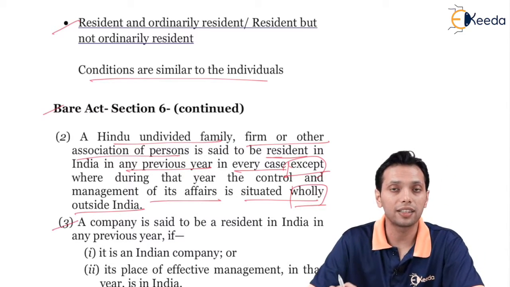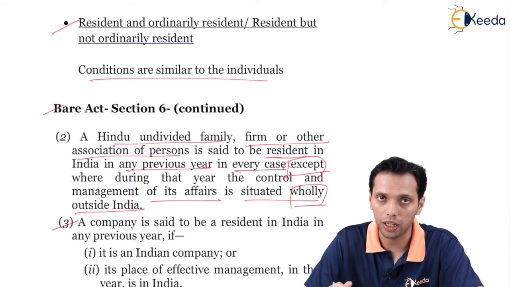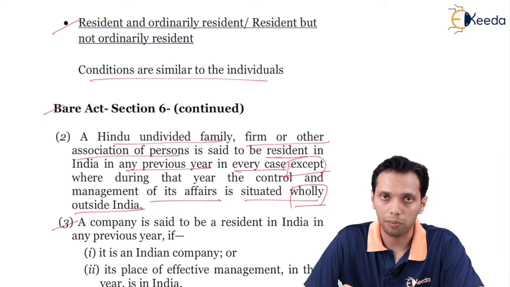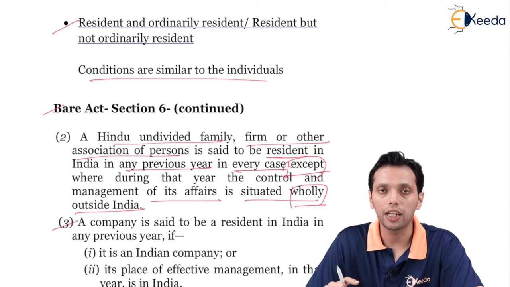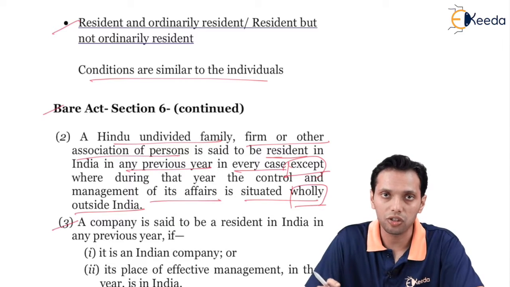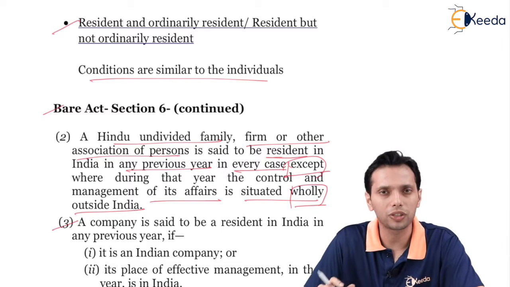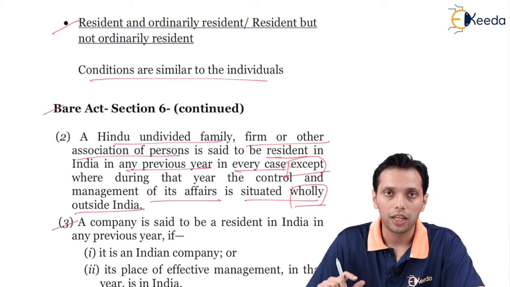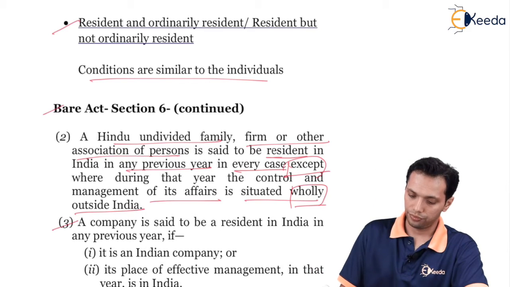Subsection 3 states the residence of the company. A company will be resident in India if it's an Indian company. Indian company means, as per the definition, a company registered under the Companies Act 2013 or 1956 with the registered or principal office in India.